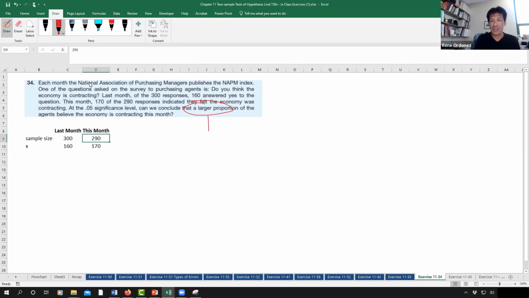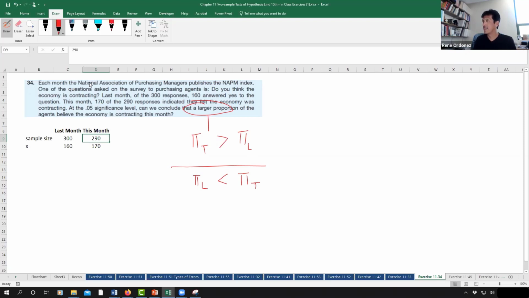So based on this, we're going to compare this greater than last. Or conversely, you can set it up this way: last less than this month.